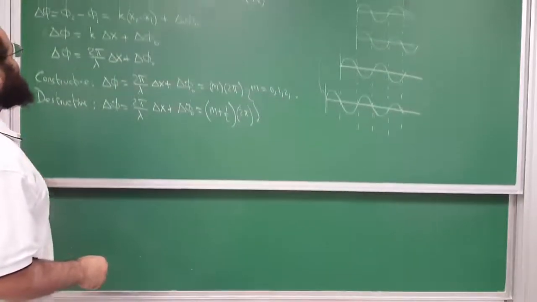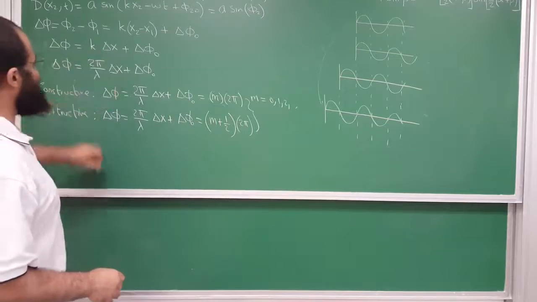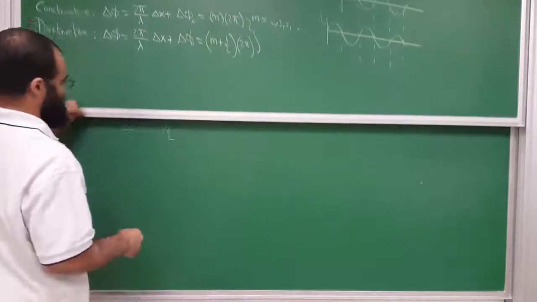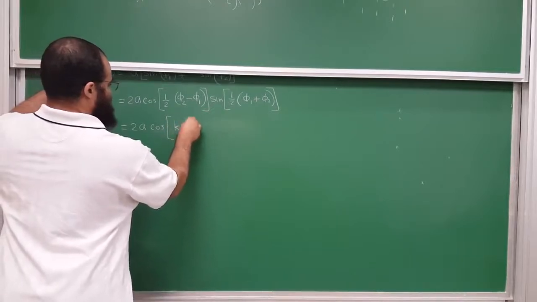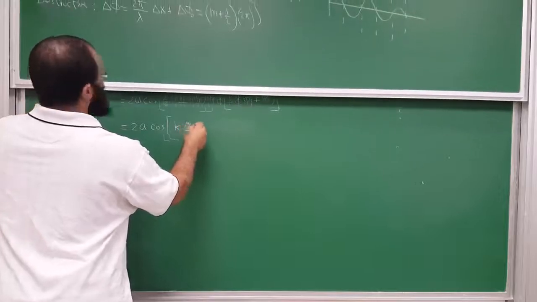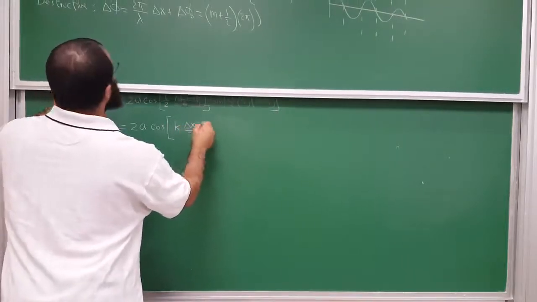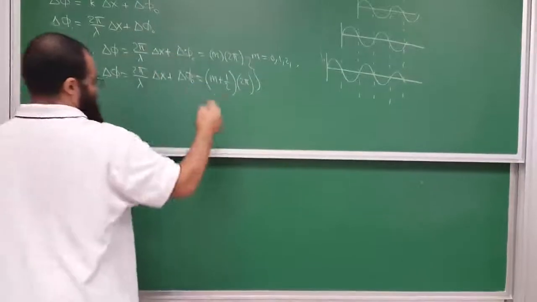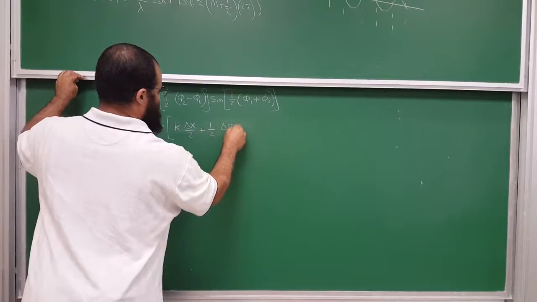That would be k times delta x over 2, and then plus 1/2 of delta phi 0.